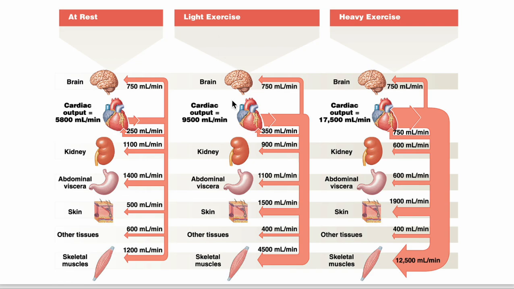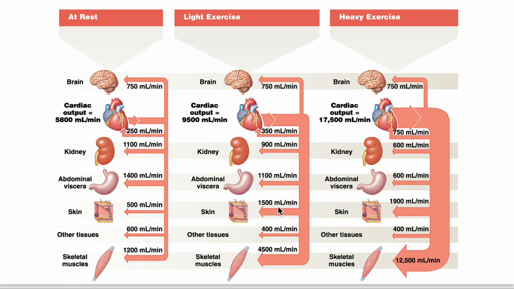Now, when you start to exercise lightly, we will boost cardiac output, and you'll see that the vast majority of that boost in cardiac output is going to go to skeletal muscle. That makes sense. Light exercise means you're using your skeletal muscles. They're going to need a little more oxygen and a little more glucose. You'll also notice a reduction in the blood going to your major abdominal organs like kidneys and the other abdominal viscera, digestive system, things like that.